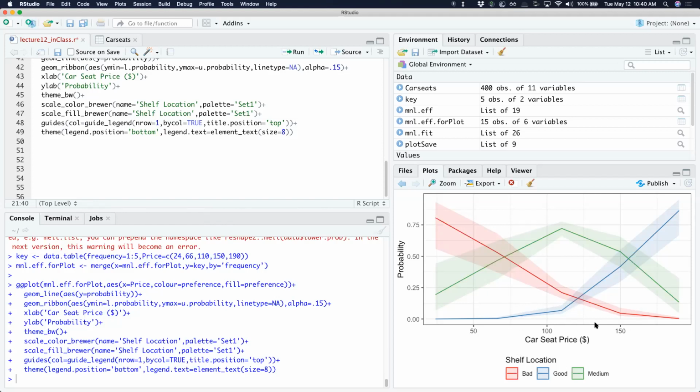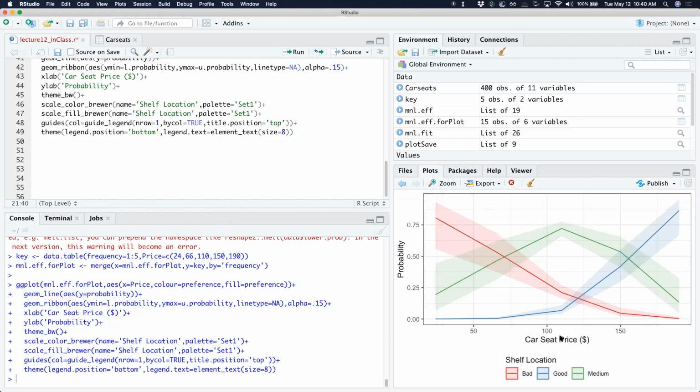And as the car seat price decreases, the probability that it's in a bad shelf location will decrease. And the probability that it's in a medium shelf location increases up to a certain point and then decreases afterwards.